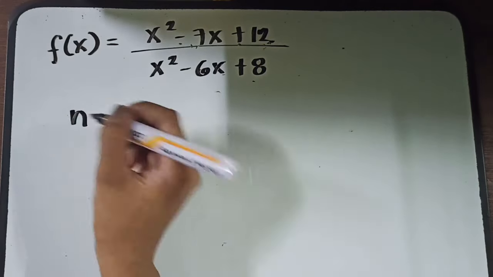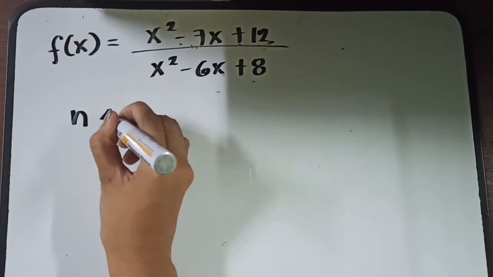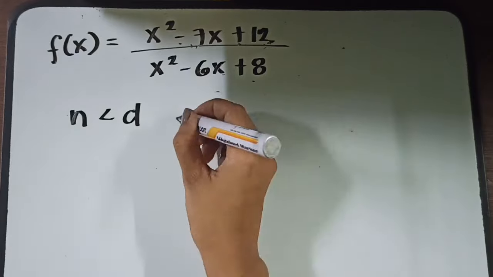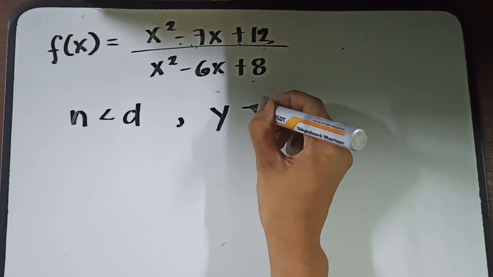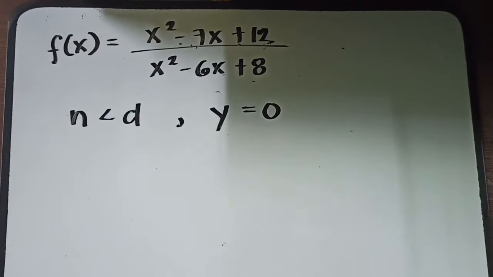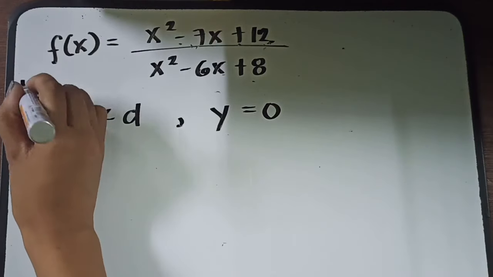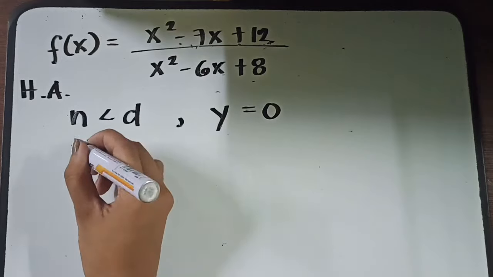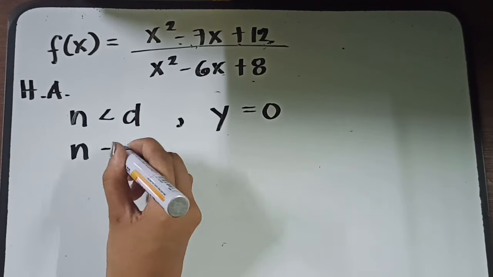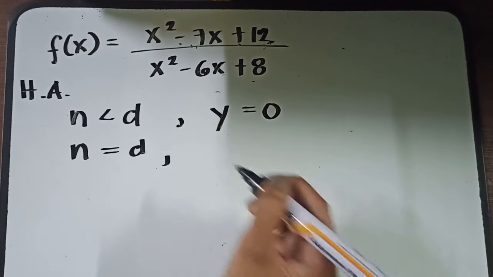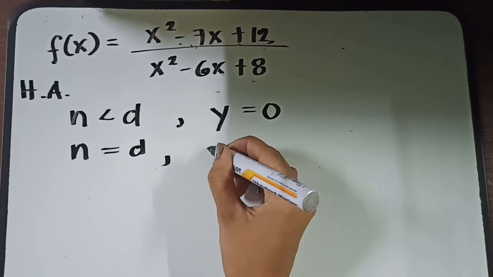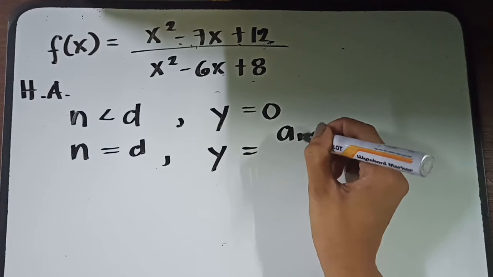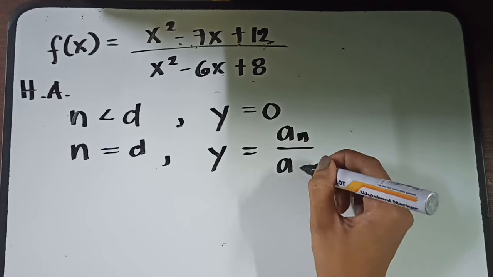Kung ang degree ni numerator is less than the degree ni denominator, then your horizontal asymptote is y is equal to 0. Okay, second condition, if the degree of the numerator is equal to the degree of the denominator, then your horizontal asymptote y is equal to a sub n over a sub d.